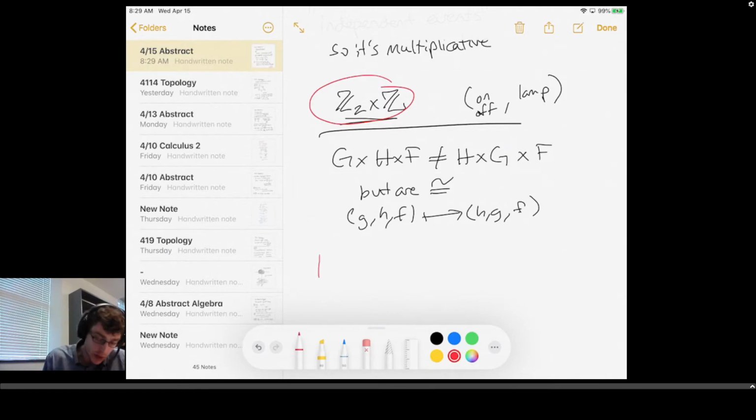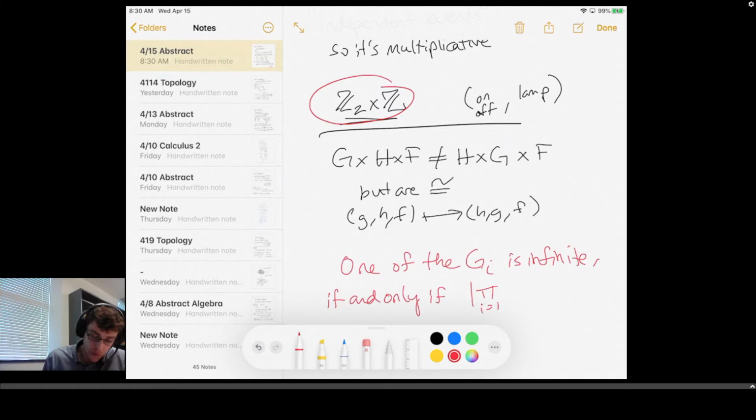And so if one of the GI is infinite, you only need one. Actually, I should restate this: one of the GI is infinite if and only if the order of the product is infinite.